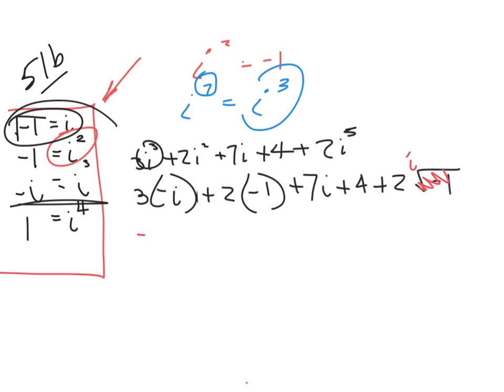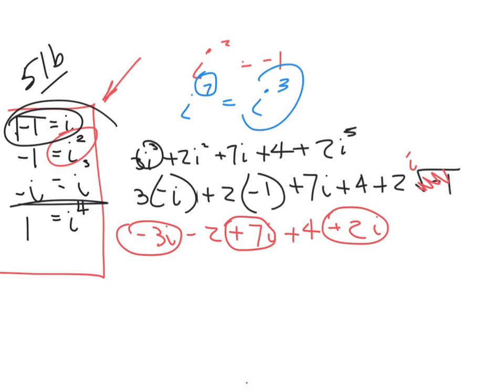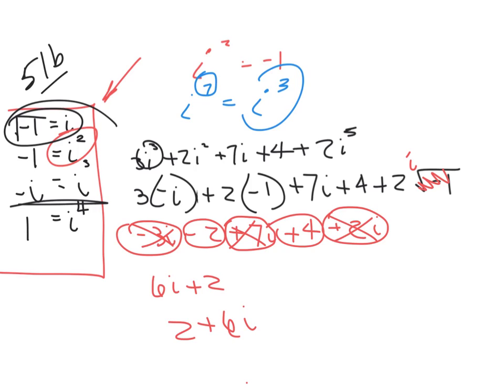Alright, so we've got negative 3i minus 2 plus 7i plus 4 plus 2i. Put all these together and we have 6i. And put this one and this one together, plus 2. The only thing wrong is it's in the wrong order. And I get that for my answer.